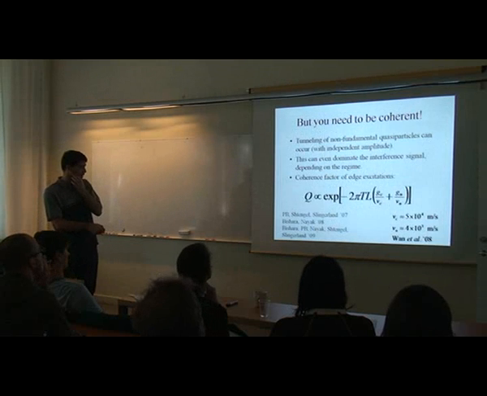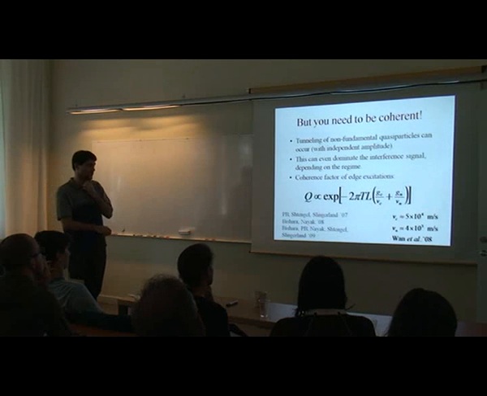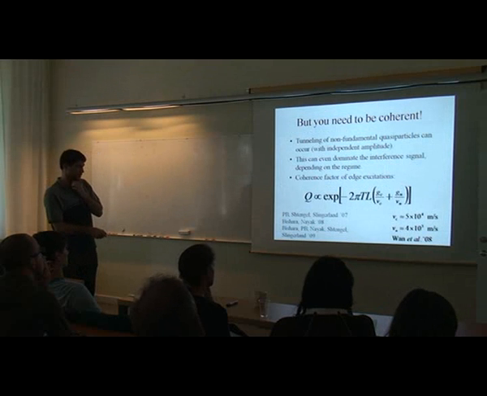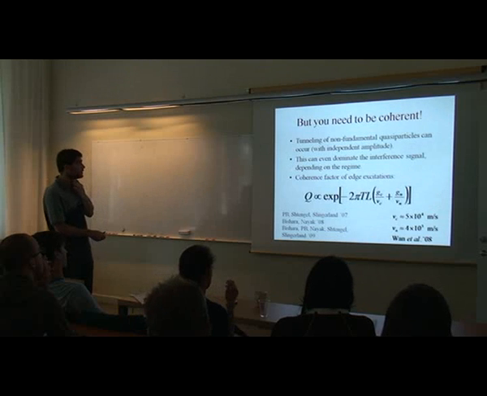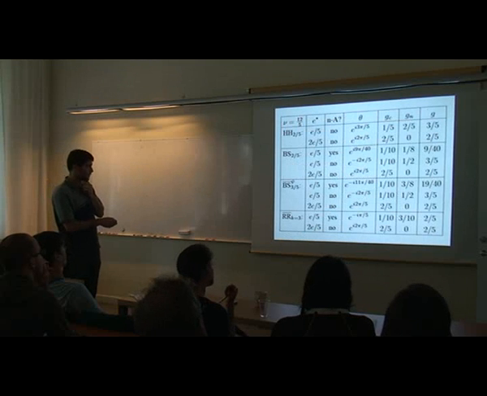Okay, so then the point is that you can look at this and try to make some prediction as to what quasi-particle types are going to show up in your tunneling current signal.